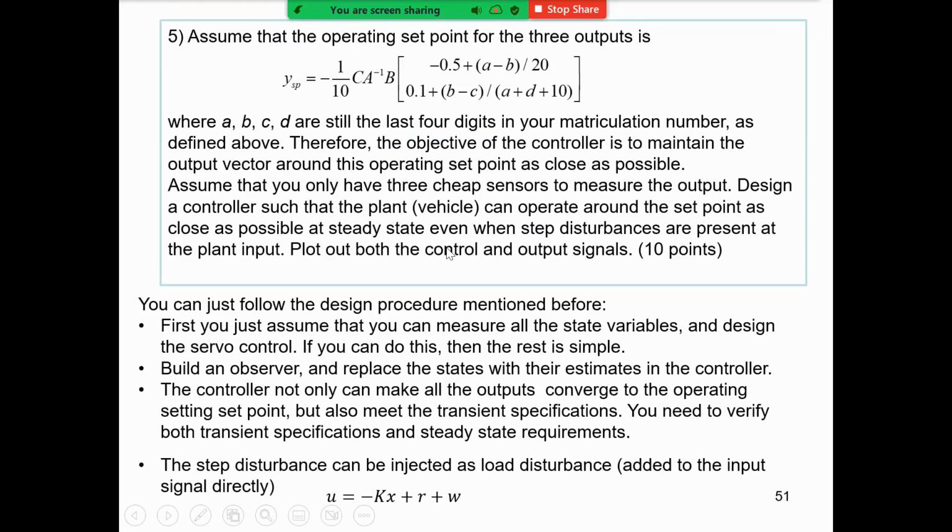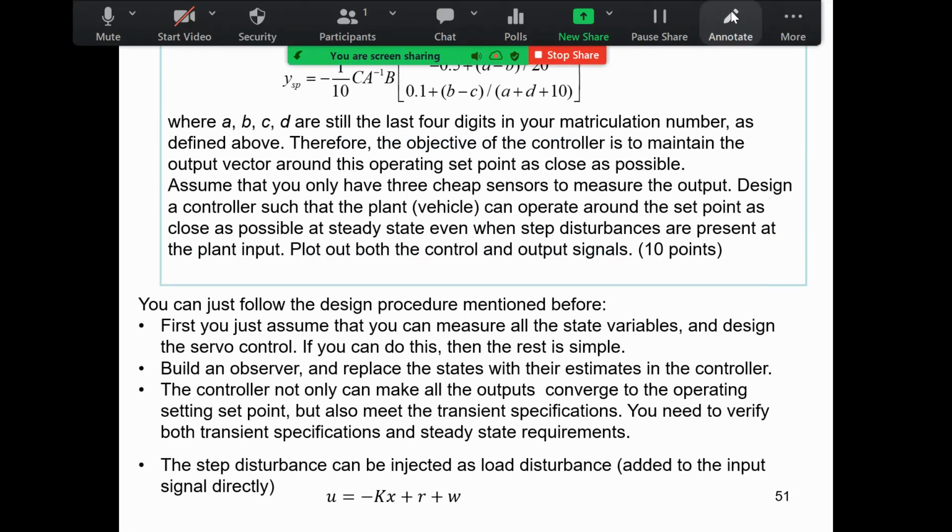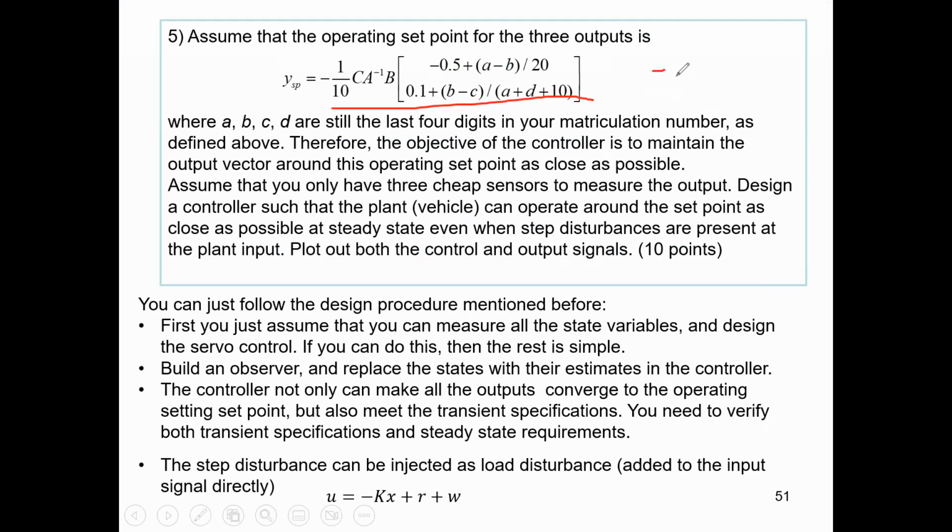Part 6 means when I look at the set point, I don't use this formula to set the set point. I just use the set point, you know, there are 3 outputs, y1, y2, y3. For those y1, y2, y3, I just choose random, let's say, arbitrary values.